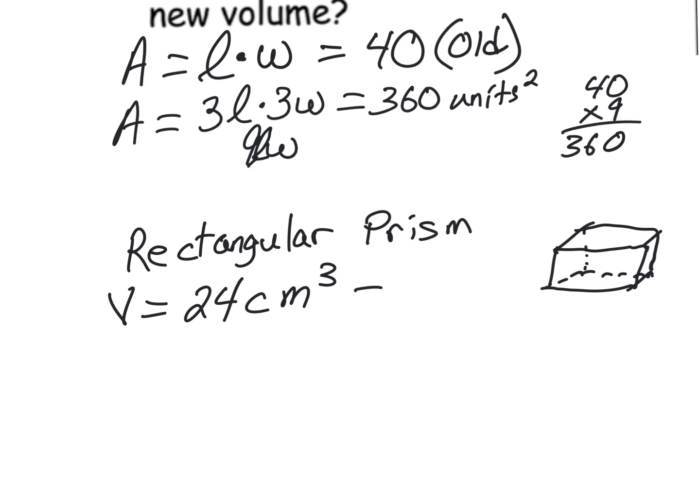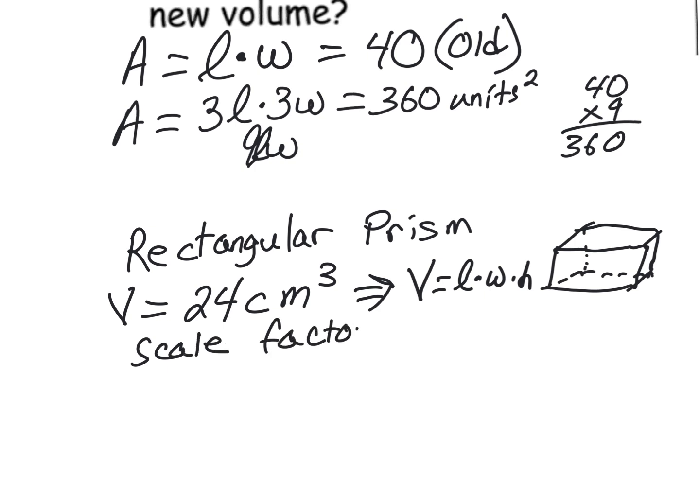Well, volume of this type of object is just taking the length times the width times the height. Okay? Now let's say we're going to use a scale factor and keep it fairly simple, of 2. So that means every one of the dimensions, length, width, and height, is going to be multiplied by 2.